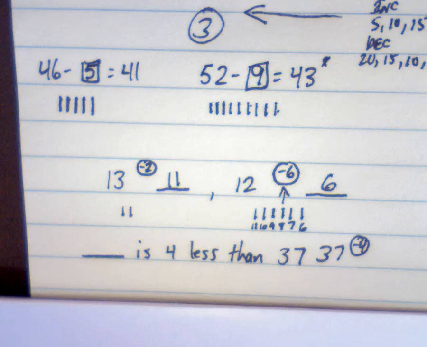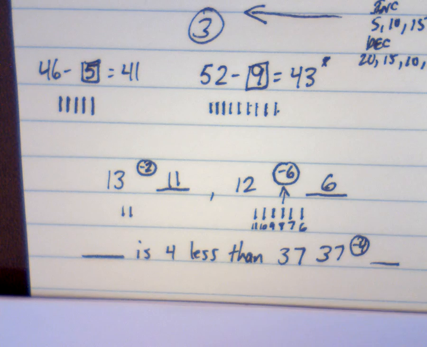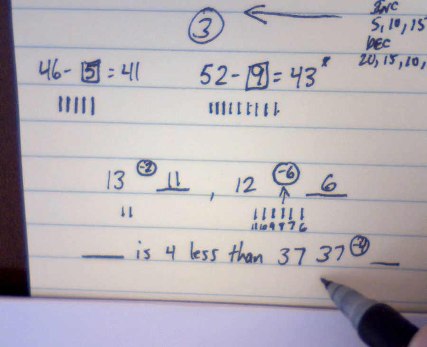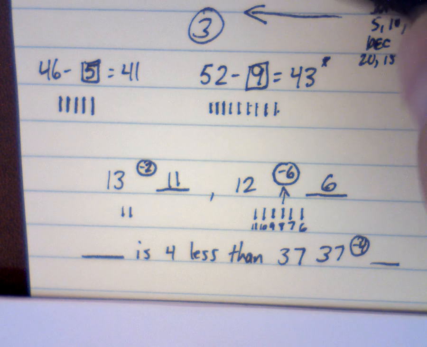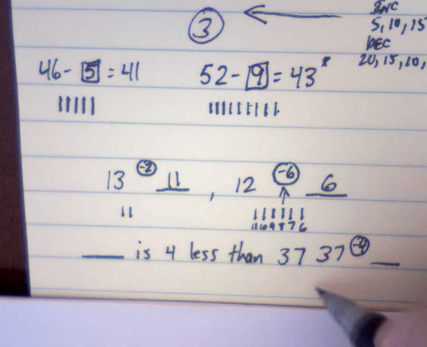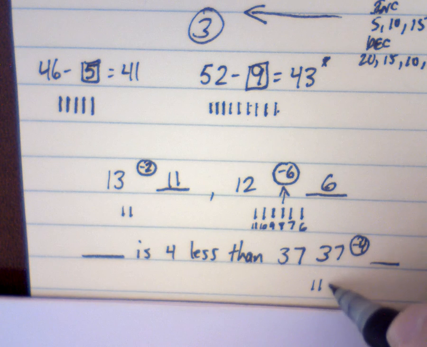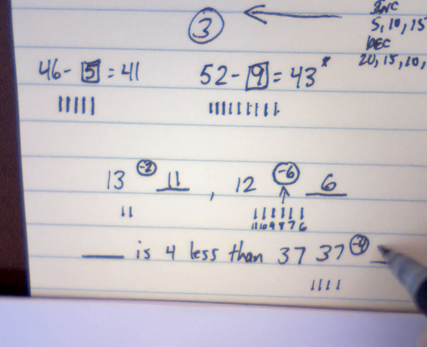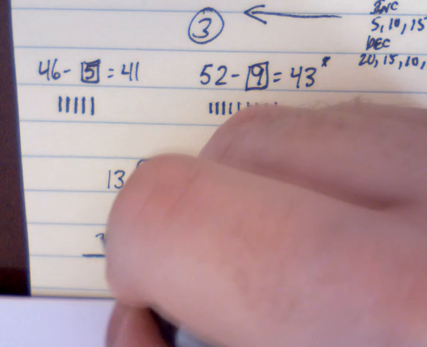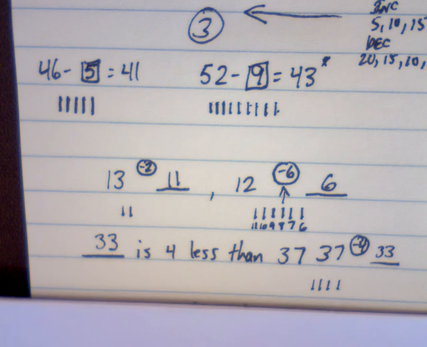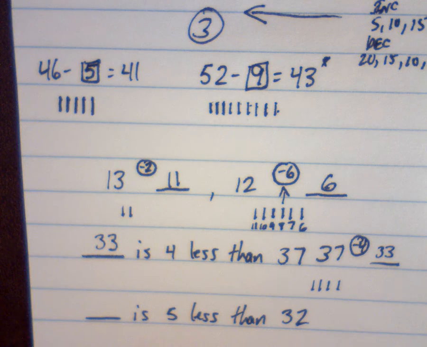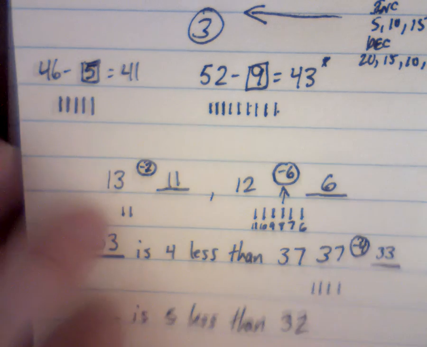You've seen this already. 4 less than 37, so it's like we're jumping backwards: 36, 35, 34, 33. So 33 is 4 less than 37. This is really just basic counting backwards principles.